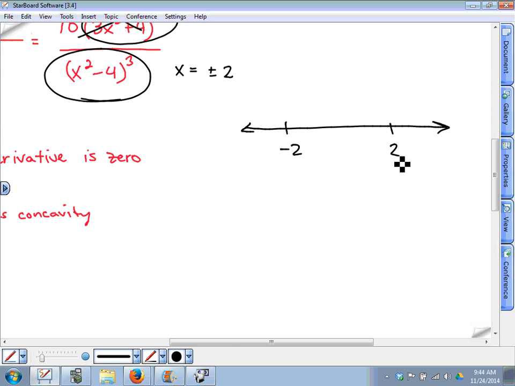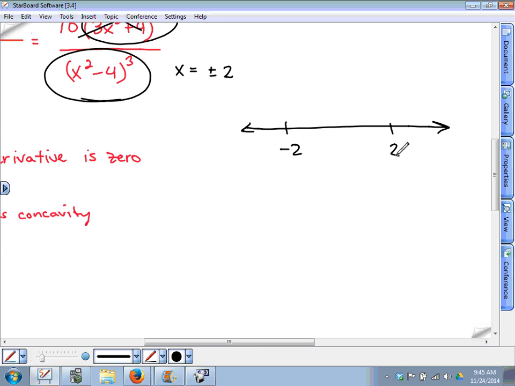So, we have a -2 and a +2. True or false? These are going to be inflection points. Yes, sure. It is true. You said 0 or undefined? 0 or undefined. So it's an exception.